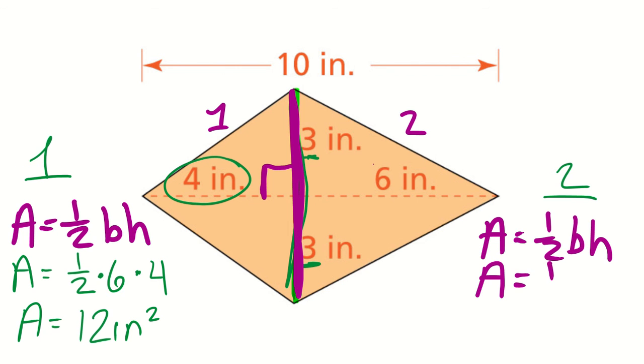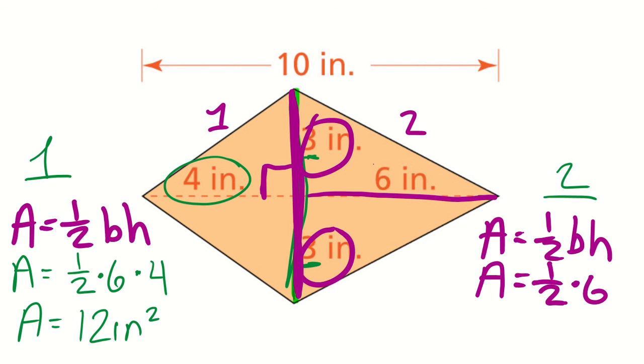So area equals 1/2 times our base, which we said was this 3 and this 3 put together, which is 6. And in this instance, the height is going to be this line here, and this is also 6. So 1/2 of 6 is 3, and 3 times 6 is going to be 18.